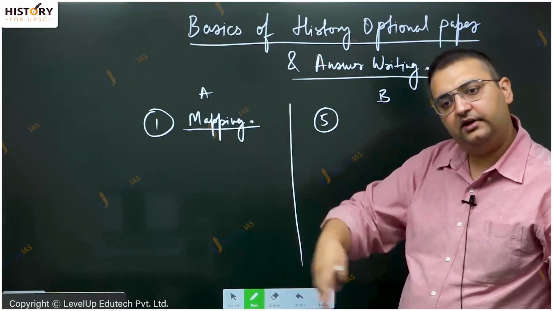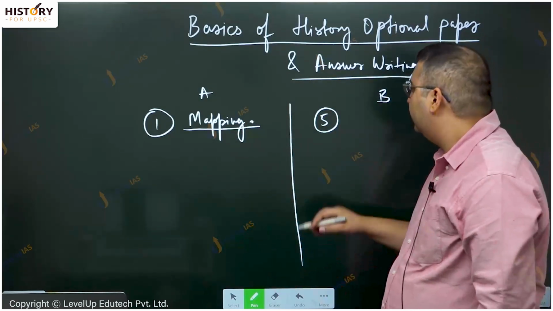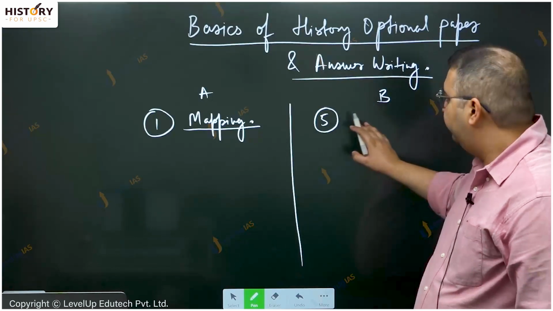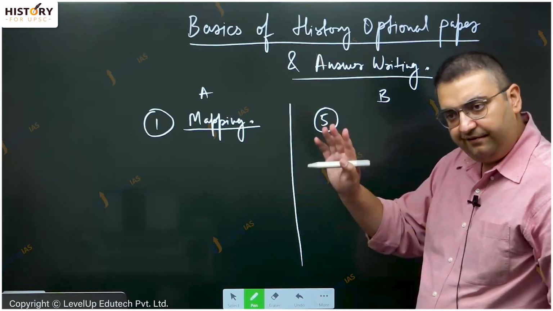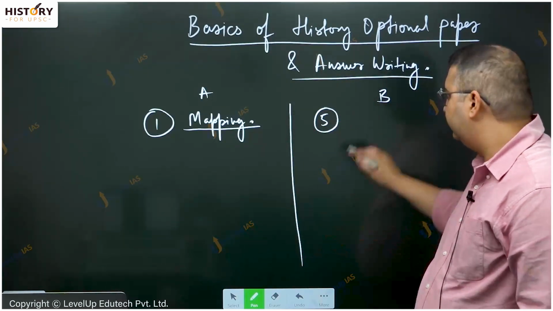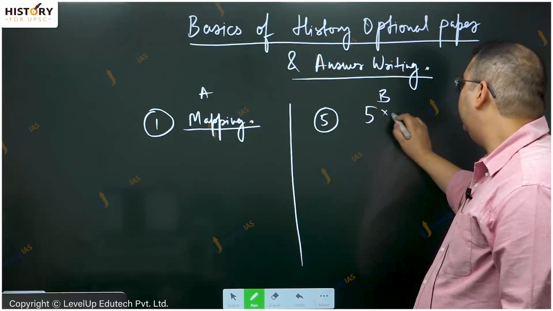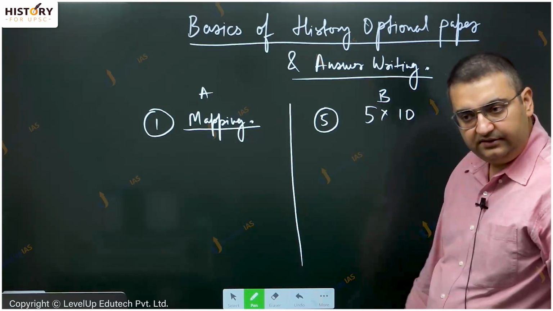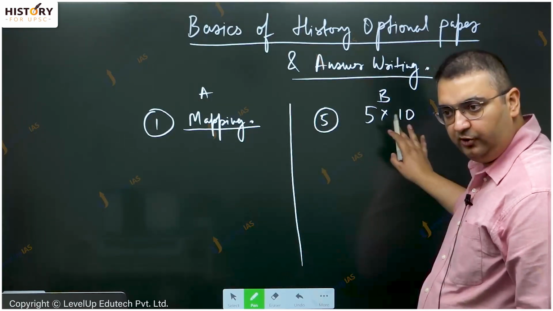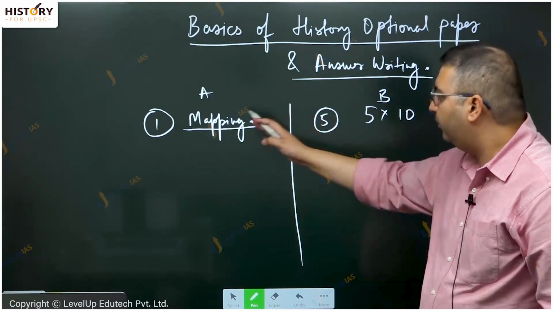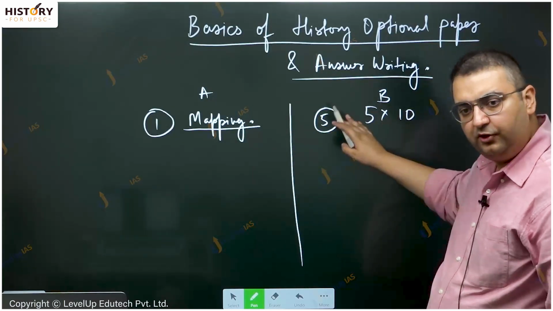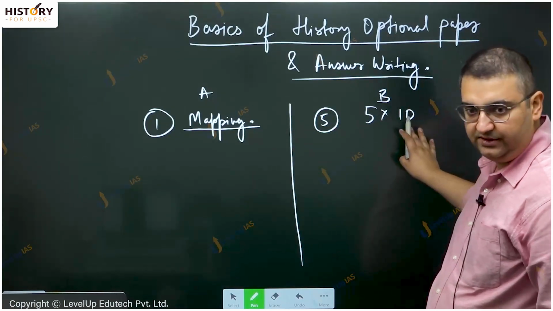Rest everything you can come to me. ठीक है. अच्छा, paper 1 में the fifth question is a 5 part question, 5 into 10 marks each. So both these questions are going to be compulsory. Paper 2 mein, both questions 1 and 5 are going to be 5 part 10 marker questions each.